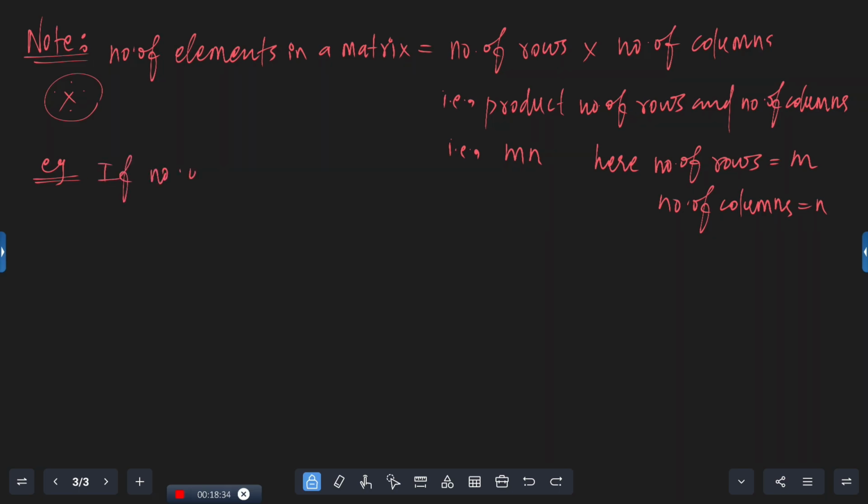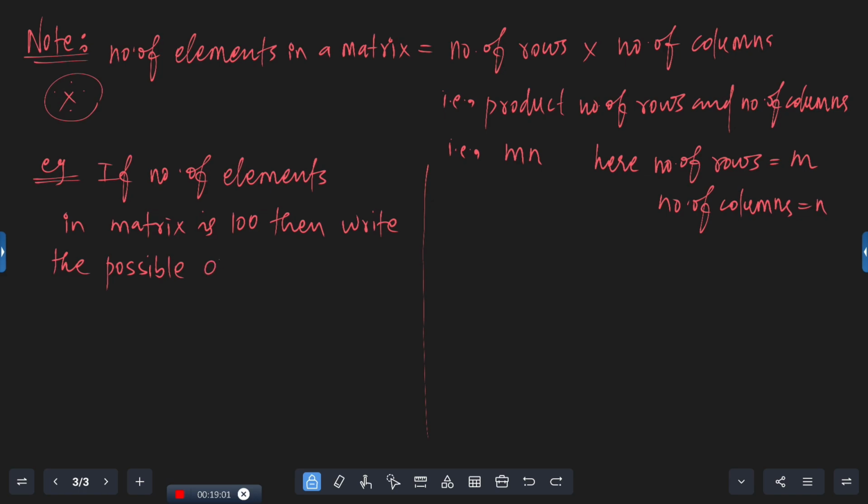If the number of elements in a matrix is 100, then write the possible order of a matrix. Like this they will ask. If the number of elements is 100, what is the possible order of the matrix? Order means we should write row by column.